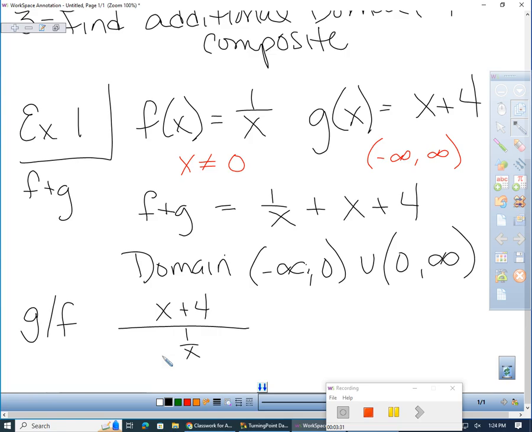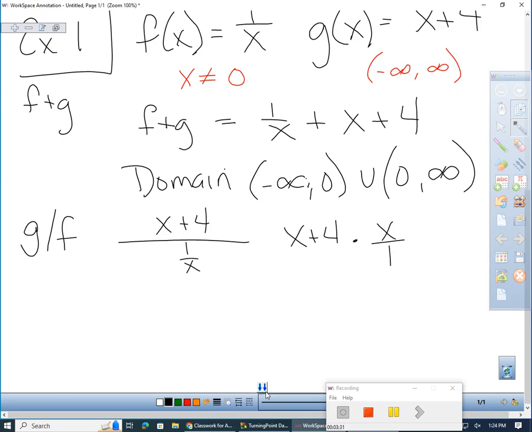I have a fraction in the denominator, which means I have to multiply by its reciprocal. So I have x plus 4 times x over 1. What's x plus 4 times x over 1? Good, x squared plus 4x.